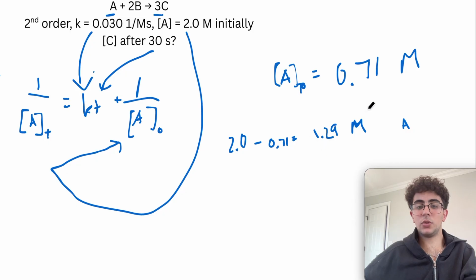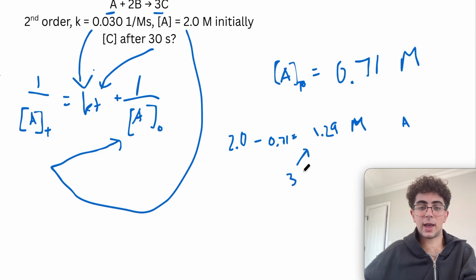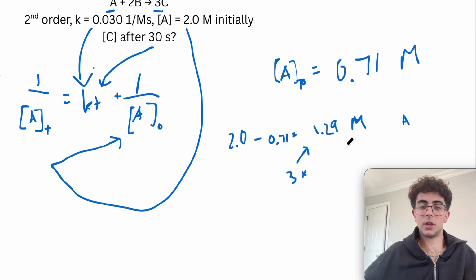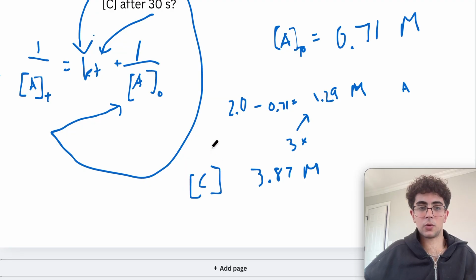So 1.29 molarity of A reacted, which means we multiply this by 3 to get how much of C was formed. 1.29 times 3 is 3.87. So the answer to this problem is that the molarity of C is 3.87.